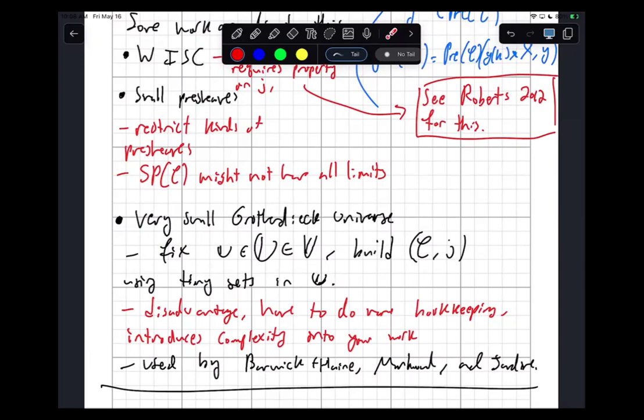You've cheated, right? You've pushed everything down a level, and now you have a smaller world. So then you get to keep all the classical world in small sets, and you've pushed everything down. So now you can talk about sheaves of small sets on a tiny category, and then you can keep going and move on with your life. But now, of course, you've introduced additional complexity into what you're doing, and you have to be careful, right?